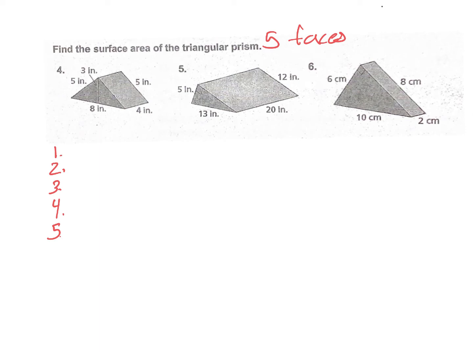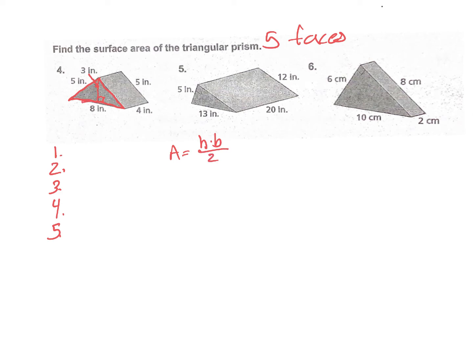So I'm going to look at this triangle first. That's a face. Now it's a triangle, and I can see this little arrow is pointing to the line. What I talked about in class was how important this right angle is, because that tells me the height. Now, I have to remember the area of a triangle is base times height, divided by 2.